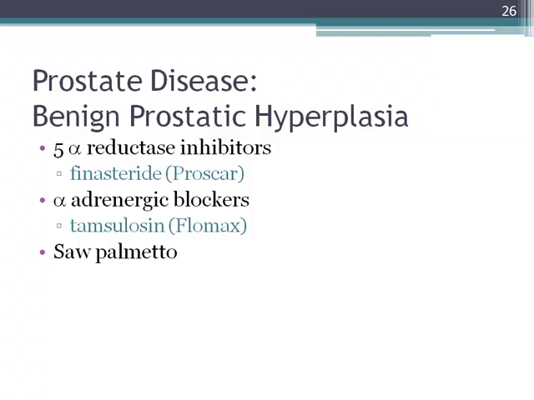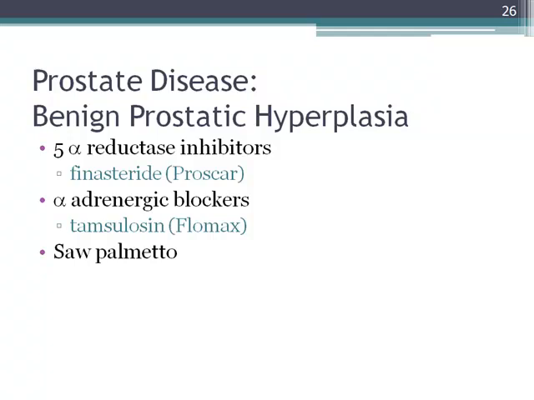But when we're using the same drug for a different purpose, we have to give it a fancy name like Flomax, having to do with the urinary symptoms. You could give Flomax to somebody with high blood pressure, probably help their blood pressure, but that's not the form that we use. We use Flomax for the people that have BPH.